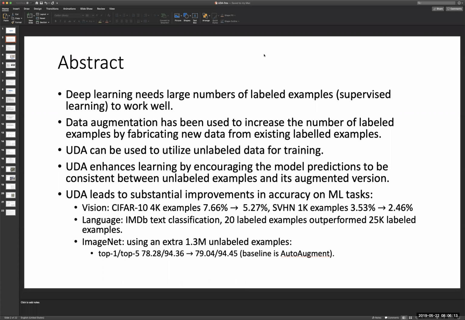So the implication is that in the past, data augmentation has been used on labeled examples. And in this paper, we want to extend that to the unlabeled portion of a data set.